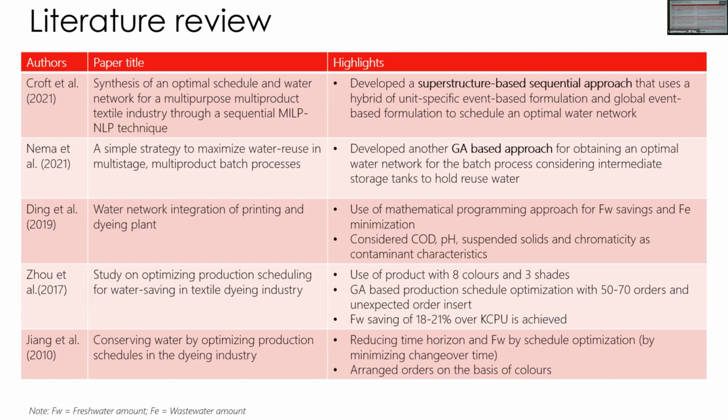We initially started off with heuristics, that's genetic algorithm, and we moved on to NLP based techniques. And there are of course other groups who have been looking at textile industry, specifically dyeing plants, water network integration, and then optimizing scheduling in the textile dyeing industry, etc. So that's a quick literature on what has been done earlier in the water space, especially in textile industries.